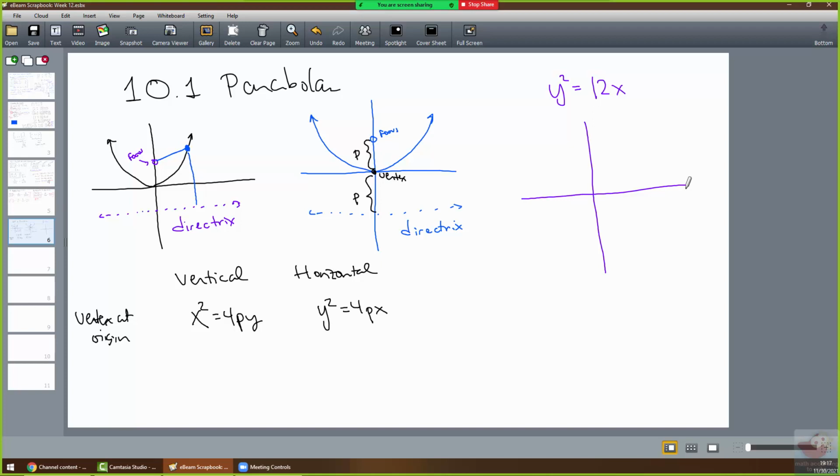The square is on the y, which means we have a horizontal parabola, which means it opens to the left or to the right. The coefficient of x is positive, which means it opens in the positive direction horizontally, which means to the right. So we have a right-facing parabola.